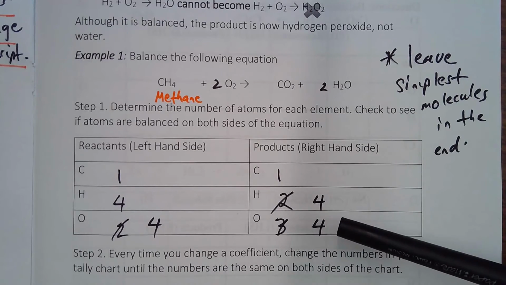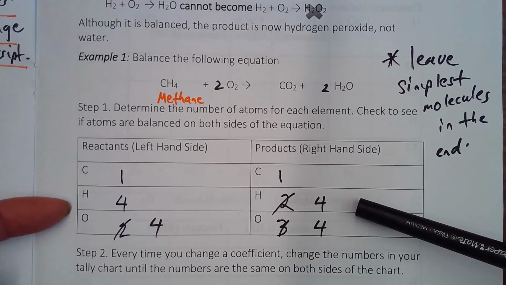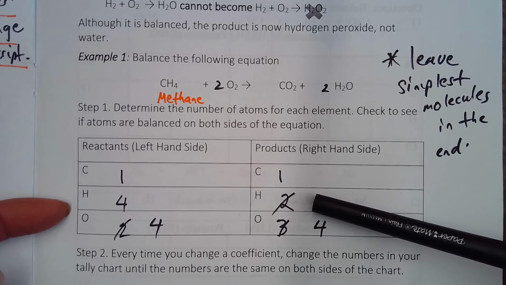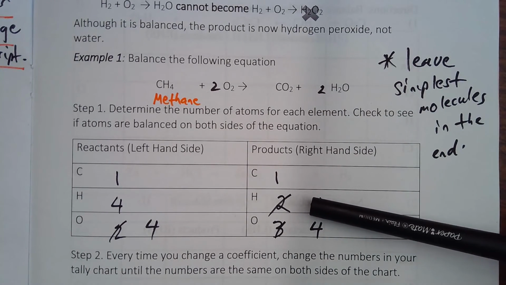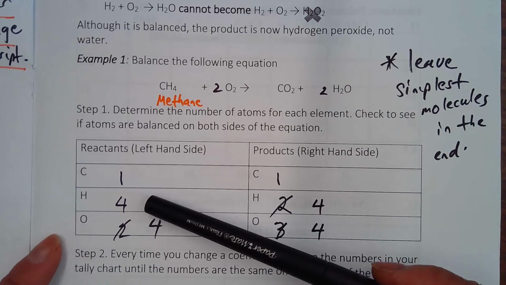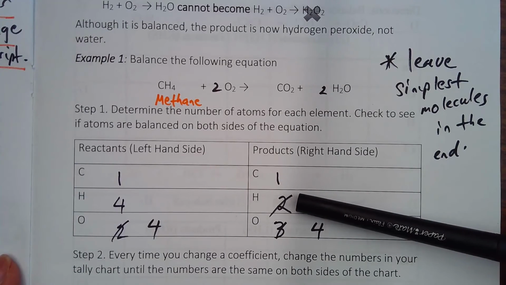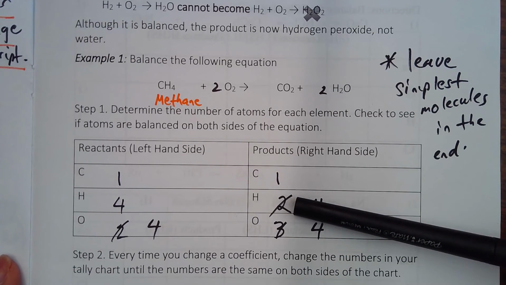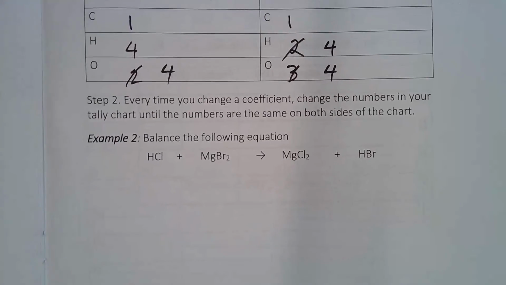So once you do that, you go, what's different? I noticed that H is different. So 4 and 2 right there. So I had to change the smaller one. You can only increase it. You cannot reduce it. You already have 4 hydrogen here. You can't reduce that, but you can add hydrogen. That makes sense?